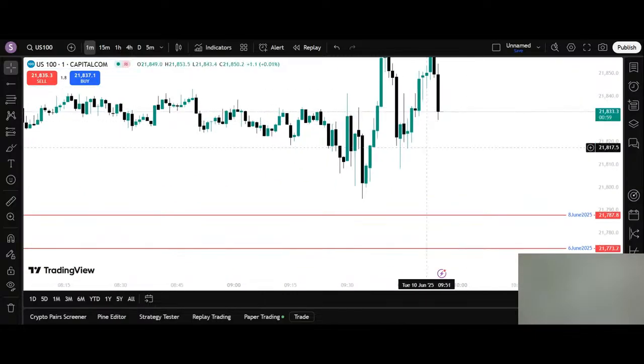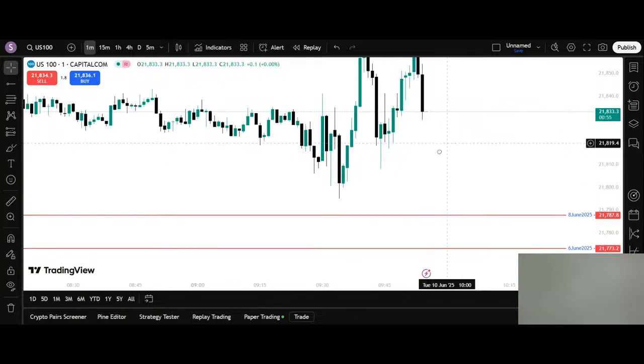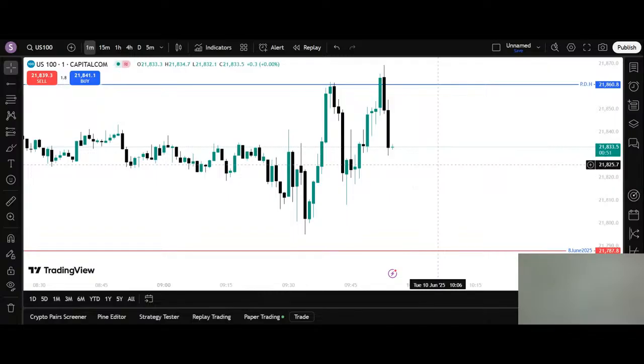Long bearish candles. Let's wait for it. Just waiting for it.